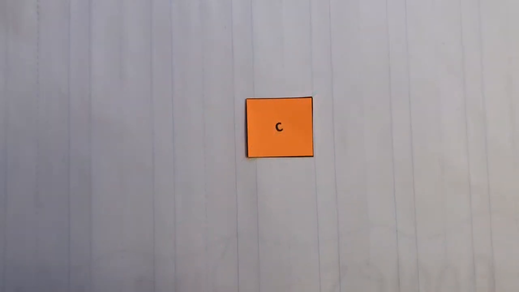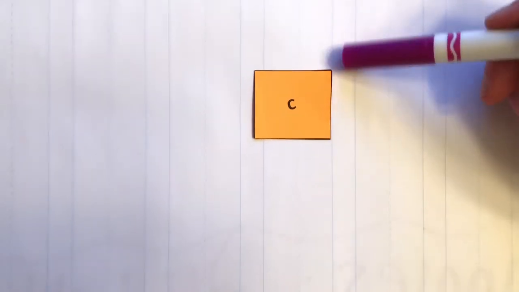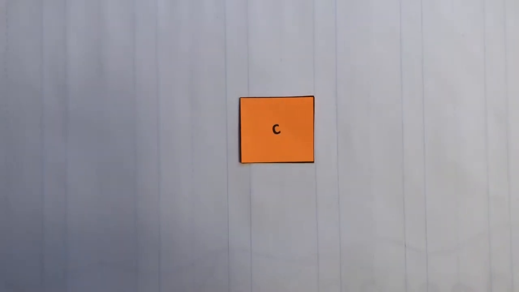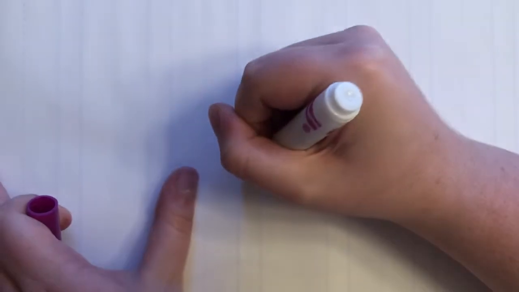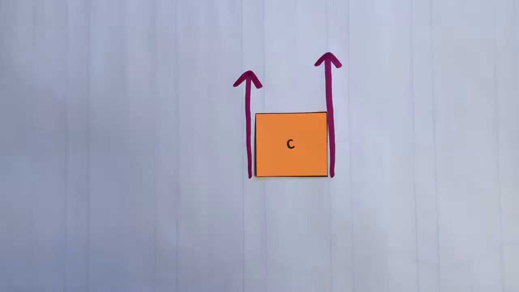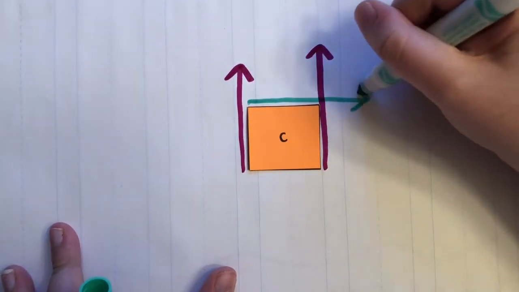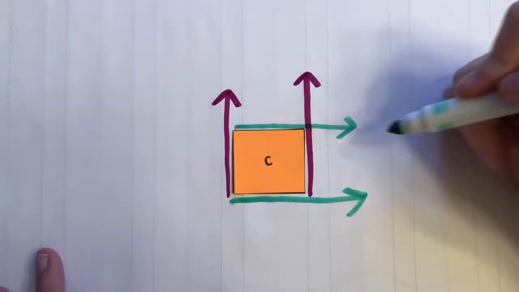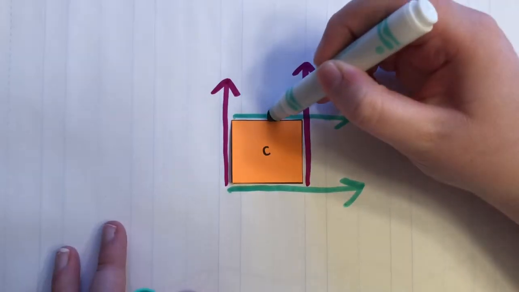We're getting there. We have shape C now. Let's see if it's a quadrilateral, class. 1, 2, 3, 4. 4 sides. What about parallel lines? I have these. 1 set. 2 sets. All right, are they all the same length? Is each of the 4 sides the same length? Yes, they are.